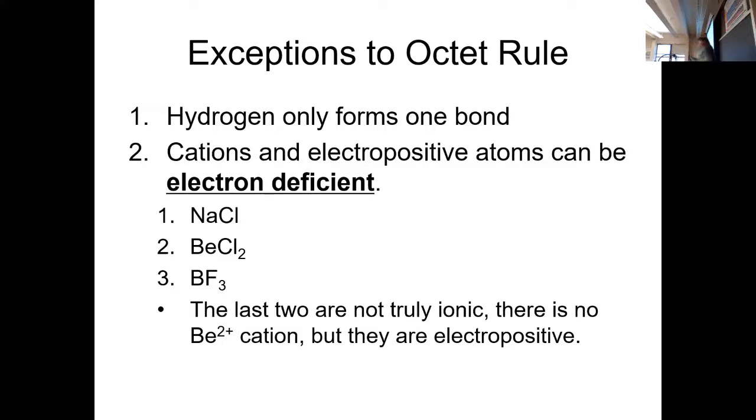They're all electropositive, which means the number for their electronegativity is fairly small. And so they don't really have a need to have those electrons in their octet. So the main thing you need to know is what do we mean by electron deficient and which elements you are apt to see in it.